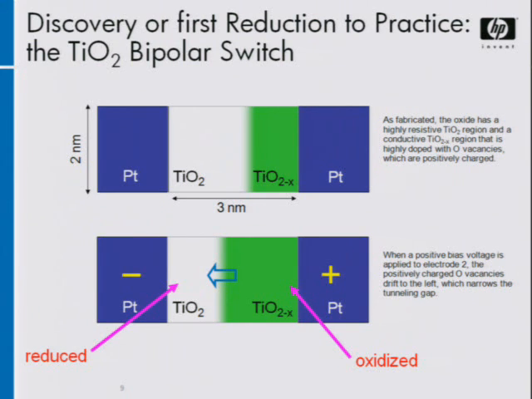Now note, we are not creating or destroying oxygen vacancies in this process. We're simply redistributing them in the system. If we then put a minus voltage here, we can draw the oxygen vacancies back. And so the switching, in effect, is just moving oxygen vacancies back and forth through this material and changing the resistance of the stack.